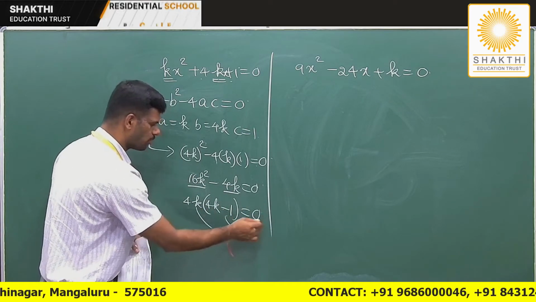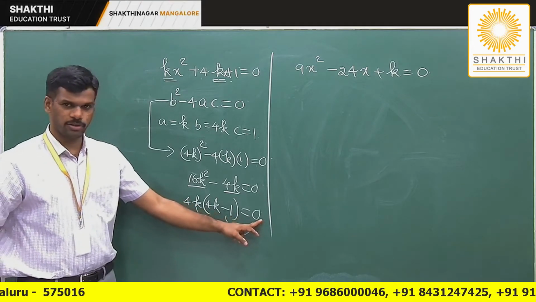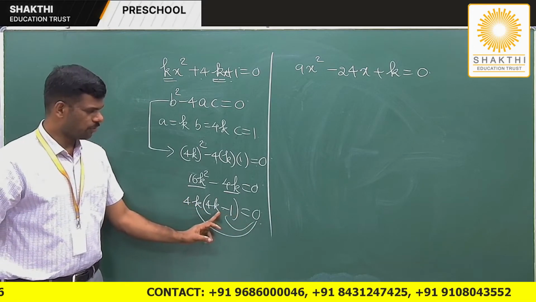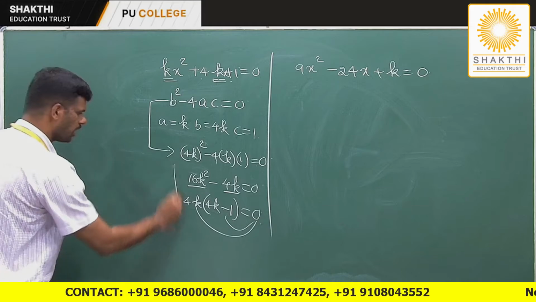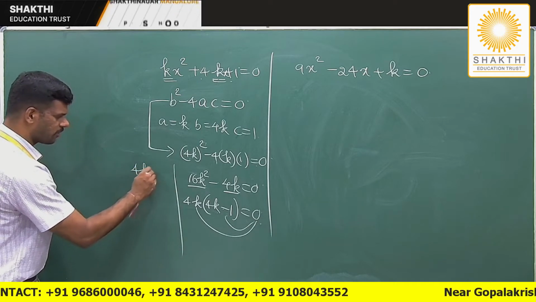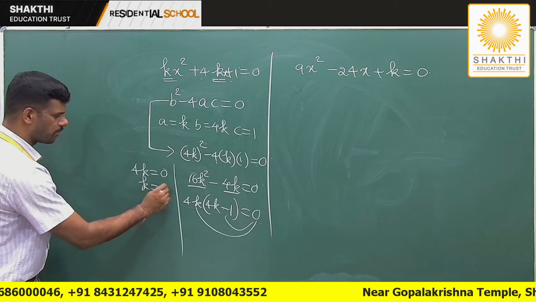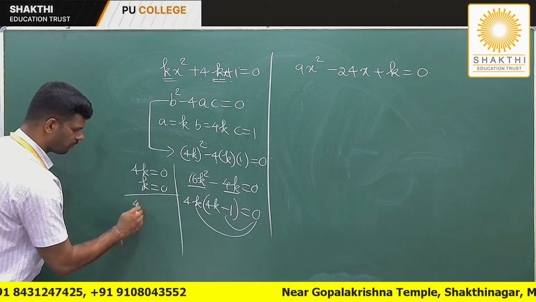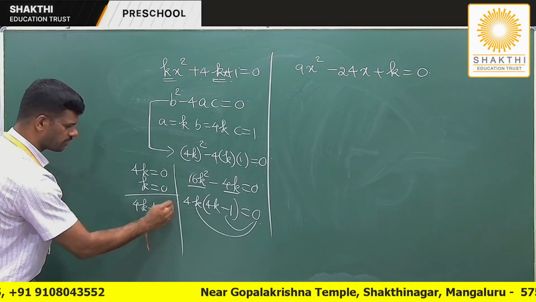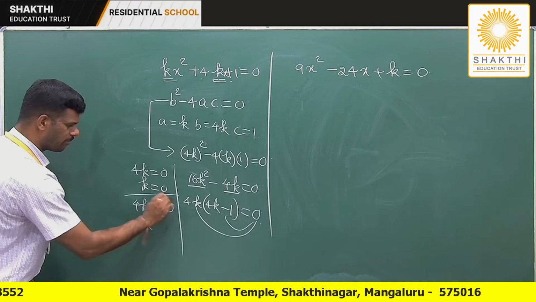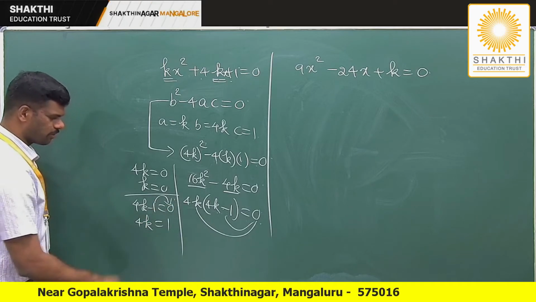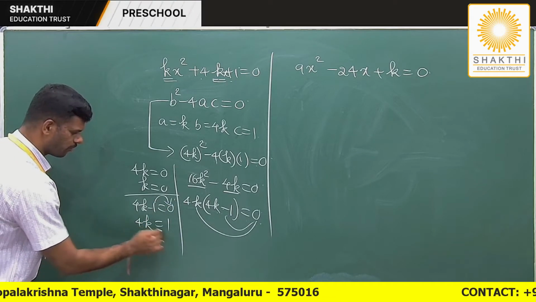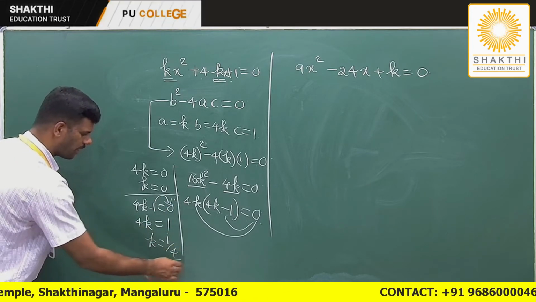Either 4k should be equal to 0 or 4k minus 1 should be equal to 0. If 4k is equal to 0, then k is equal to 0. If 4k minus 1 is equal to 0, then 4k is equal to 1, and k is equal to 1 by 4.